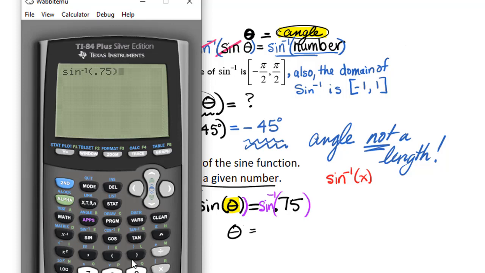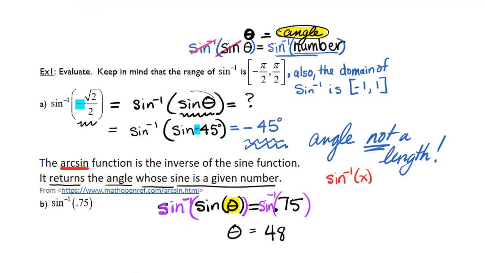Now remember, sine of theta equals a length, so the angle we're finding is going to be in degrees, and it's 48.59 degrees. So the angle, 48.59 degrees, gives you an output of 0.75 as a length in the y direction.